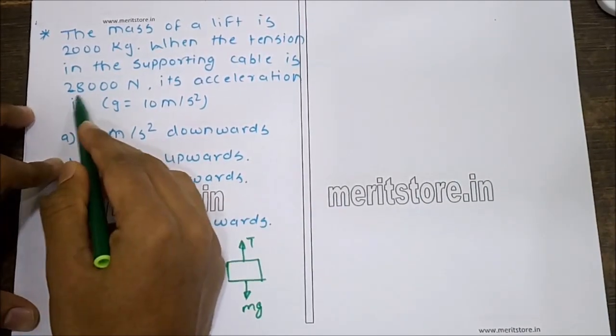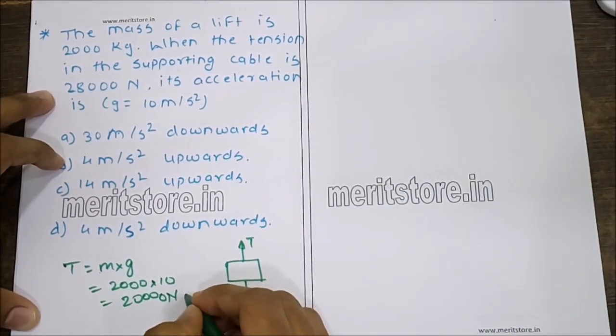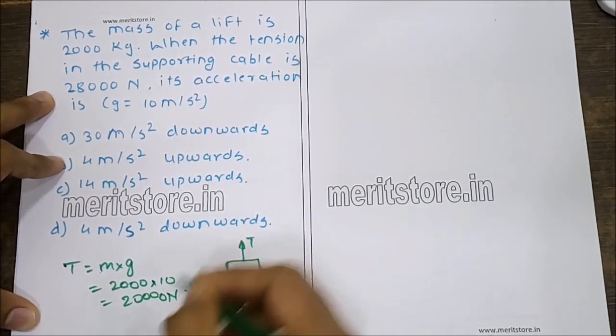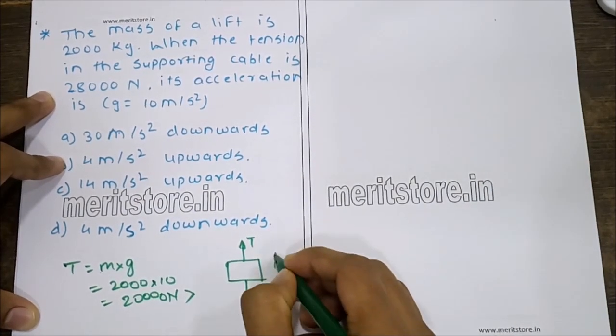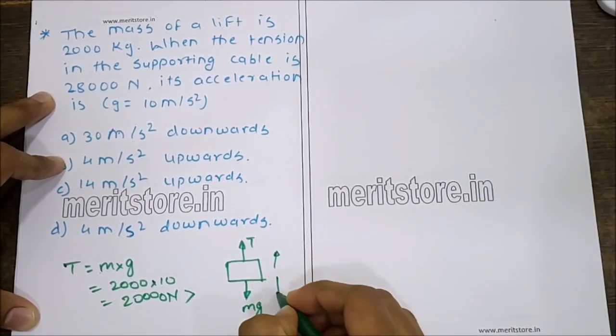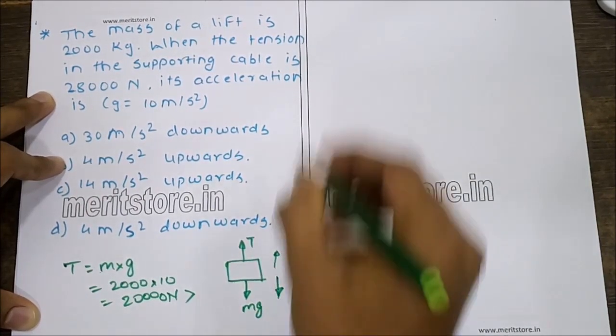But since the supporting tension is given as 28,000 newtons, which is greater than 20,000 newtons, the lift must be moving upwards, due to which the inertial force acts in the downward direction.